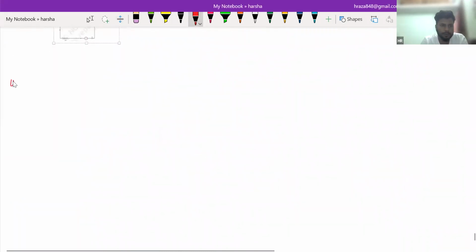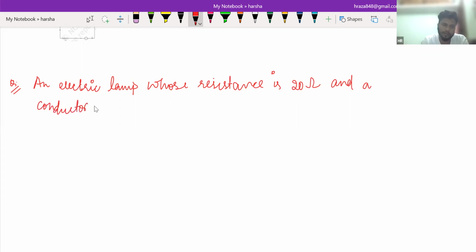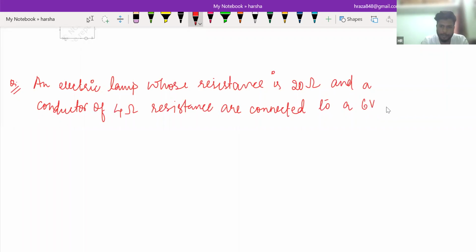Okay, write the question with me. An electric lamp whose resistance is 20 ohm and a conductor of 4 ohm resistance are connected to a 6-volt battery.